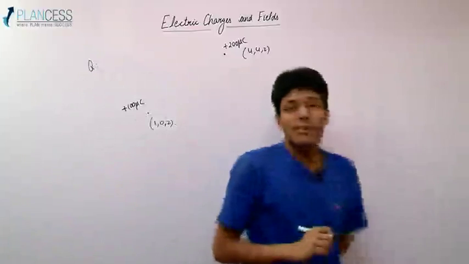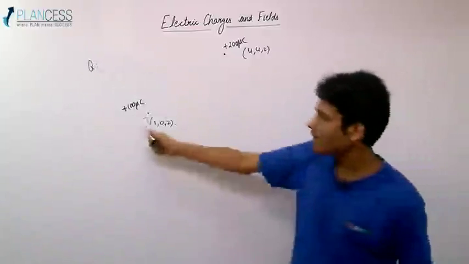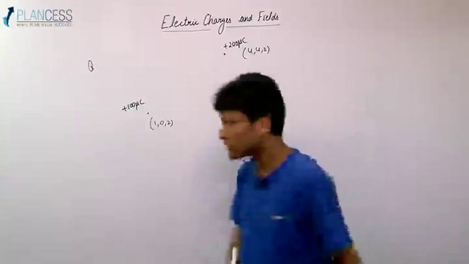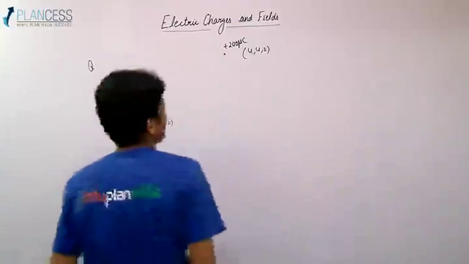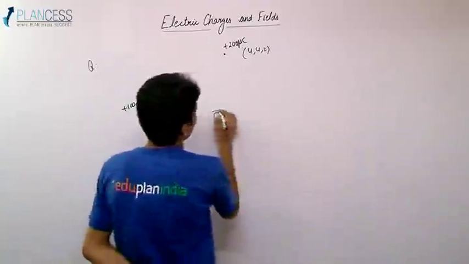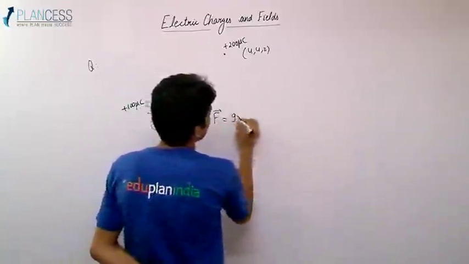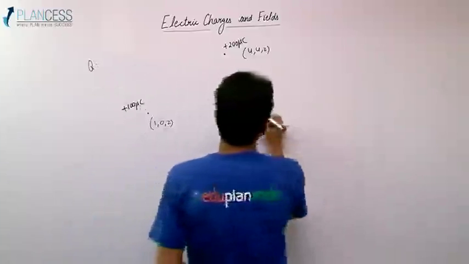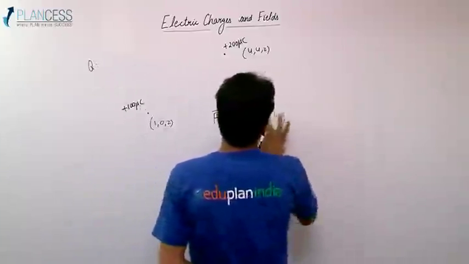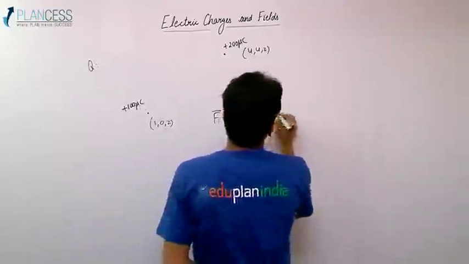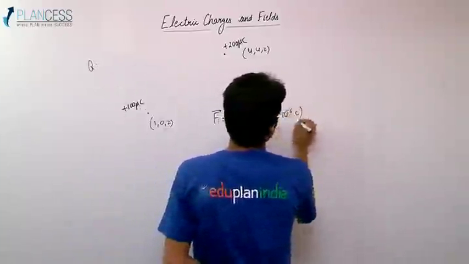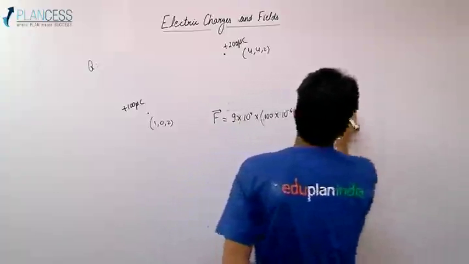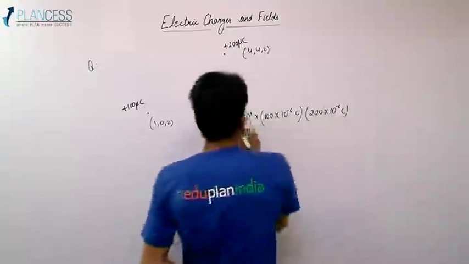You have to tell the force exerted by the plus 100 microcoulomb charge on the plus 200 microcoulomb charge. For calculating that force, we write F equals K, which is 9 into 10 to the power 9, into Q1, which is 100 into 10 to the power minus 6 coulomb, into 200 into 10 to the power minus 6 coulomb. So this is K Q1 Q2.